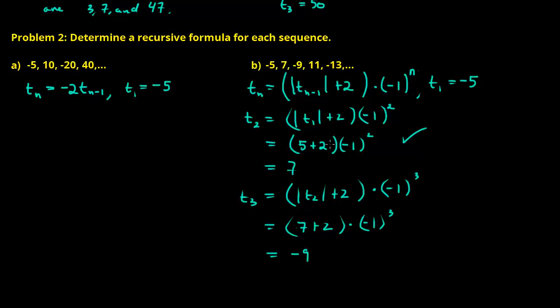So it seems like this recursive formula holds, because we're adding 2 to the magnitude of the previous term, and if the term number is odd, we're going to multiply it by -1. If the term number is even, we're going to multiply it by +1, which gives us the correct sequence.